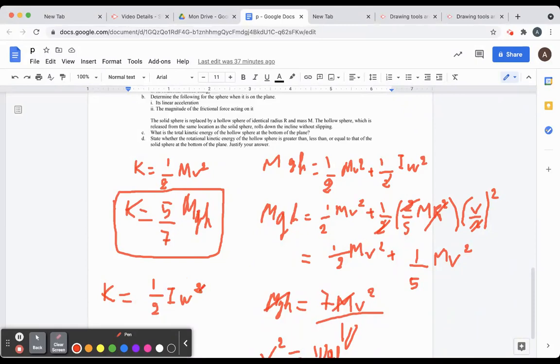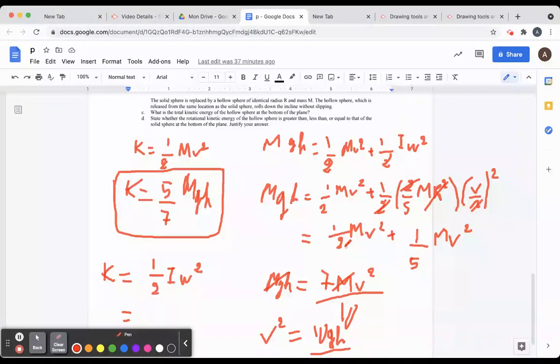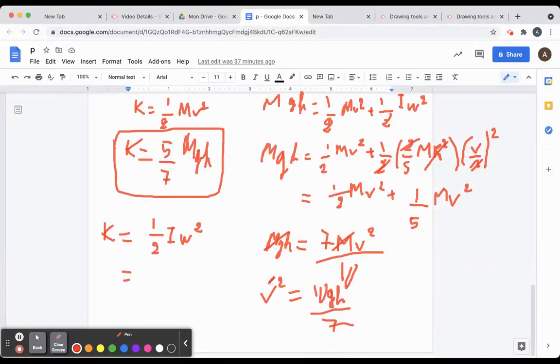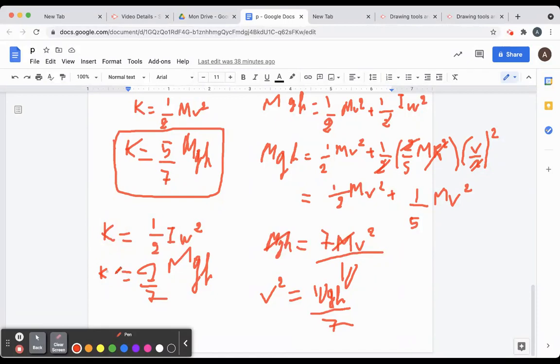And knowing that omega is velocity over r, we can use this formula and find that k is 2 over 7 mgh, which is the inverse of the translational kinetic energy. So this is 2 over 7 mgh for rotational.